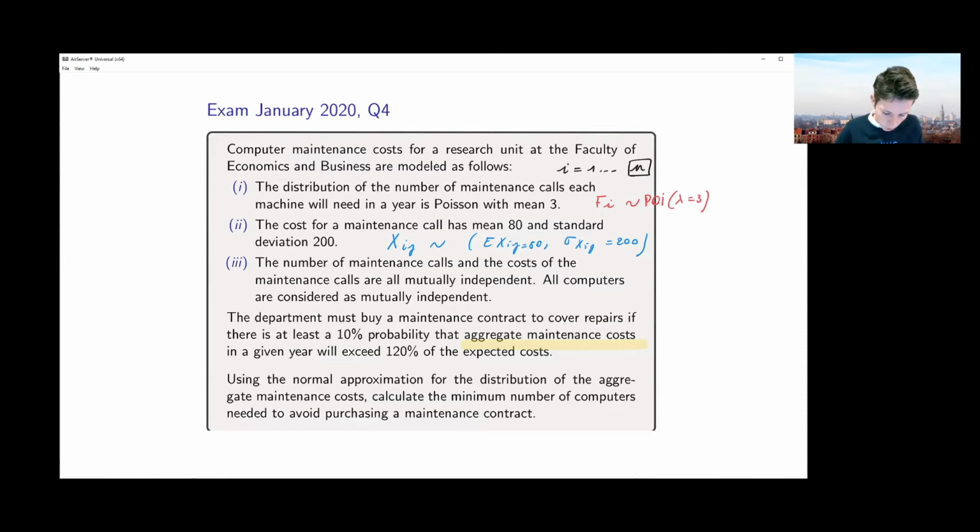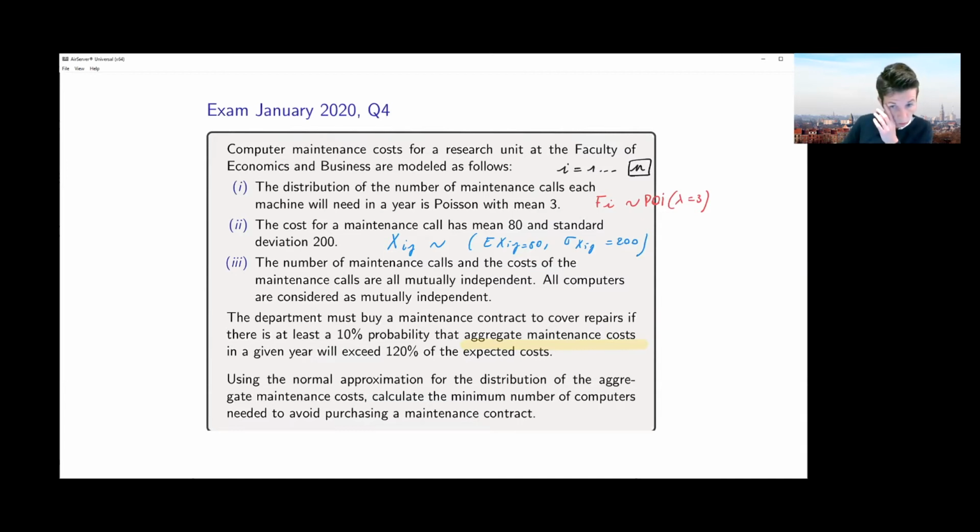The department is required to buy the maintenance contract if, with a probability of 10%, these aggregate maintenance costs exceed 120% of the expected cost. The expected cost is something we can calculate if we write down the aggregate maintenance costs in the appropriate way. So that's what we're going to do.